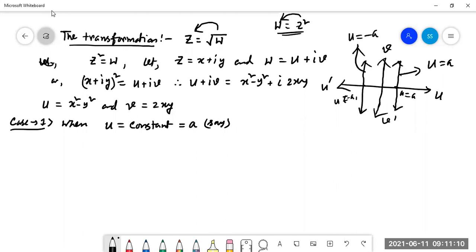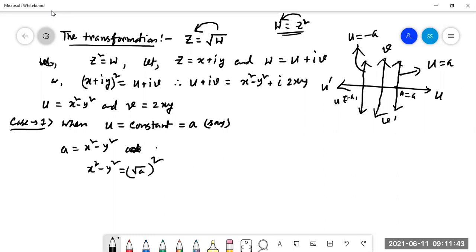As U equal to constant A, so A equal to X square minus Y square, and V does not change here. So when U equal to A, then X square minus Y square equal to A, so we can write X square minus Y square equal to root A whole square.